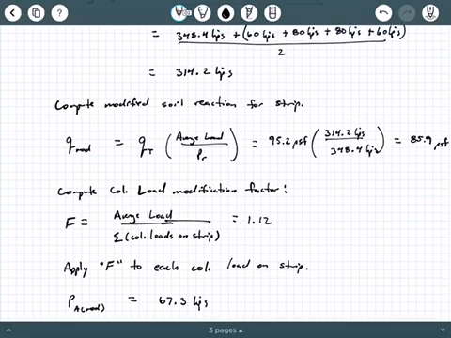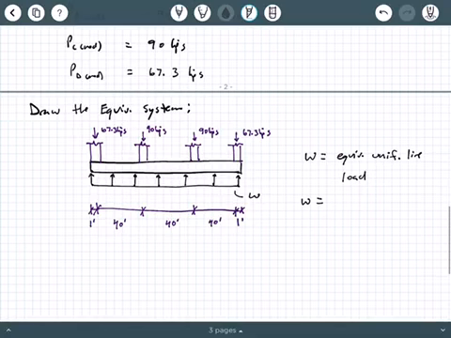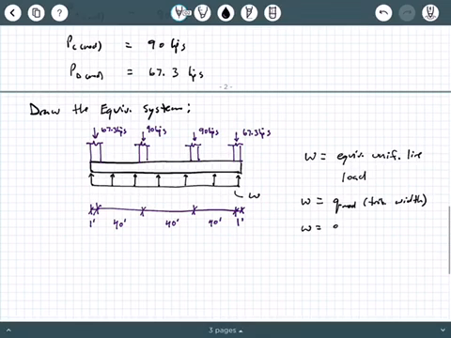It's not in PSF, it's in PLF. Here's what it's going to be equal to: Q modified, so the 85.9 PSF, times the tributary width.